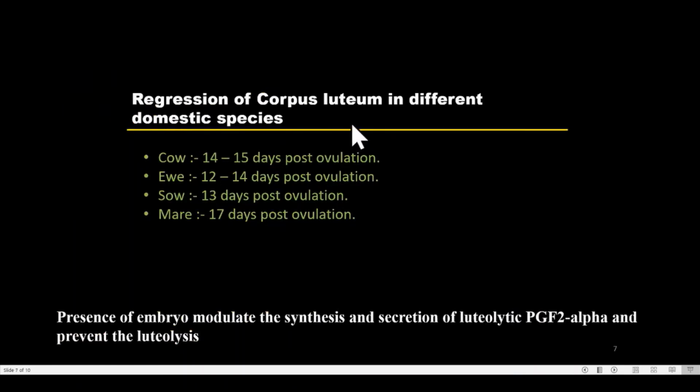The regression of corpus luteum in different domestic animals: cow 14 to 15 days post ovulation, ewe 12 to 14 days post ovulation, sow 13 days post ovulation, mare 17 days post ovulation. The presence of an embryo modulates the synthesis and secretion of luteolytic PGF2 alpha and prevents luteolysis.